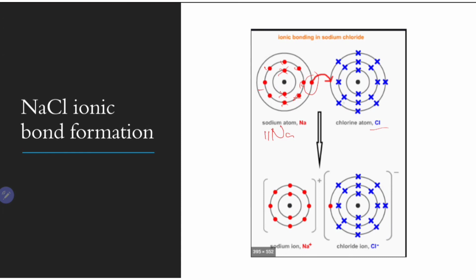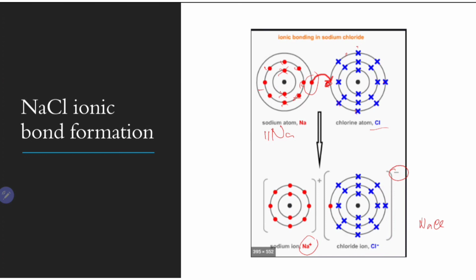Chlorine has 7: 1, 2, 3, 4, 5, 6, 7. It receives 1 here and becomes Cl minus, a minus 1 ion. The Na becomes plus 1 because it releases 1 electron. Then the formula is NaCl.